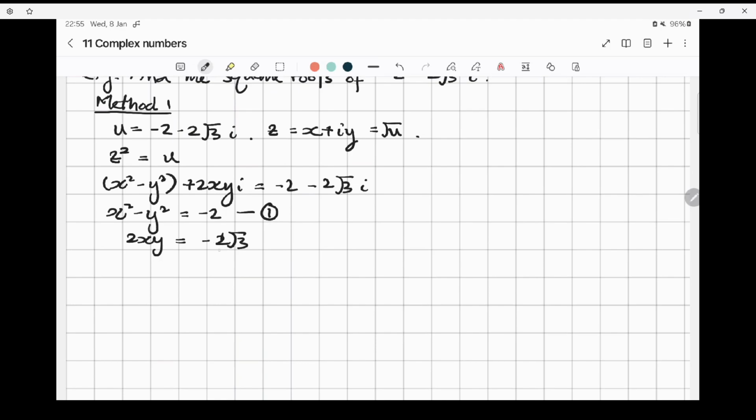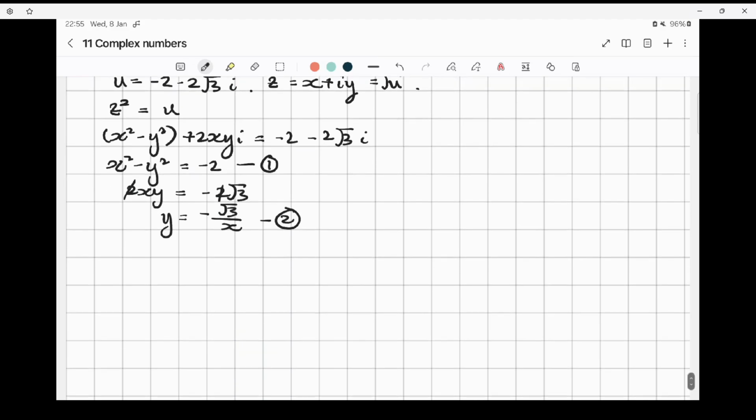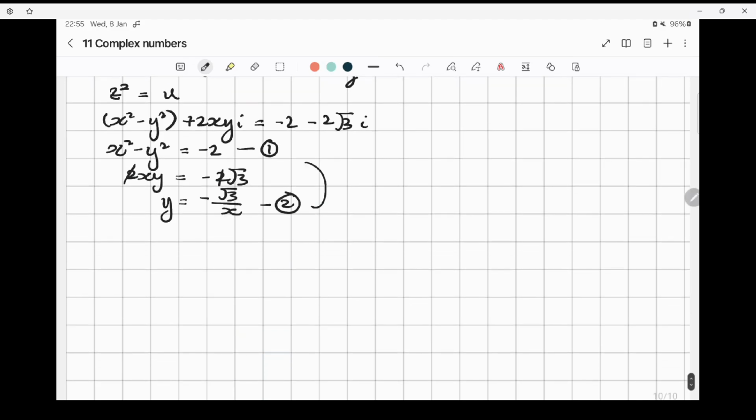So let's simplify this first. So y equals minus root 3 over x. So this will be our second equation. Okay, so now what we need to do is substitute equation 2 into equation 1. So you have x squared minus y squared. Once you square this whole thing, you get 3 over x squared.